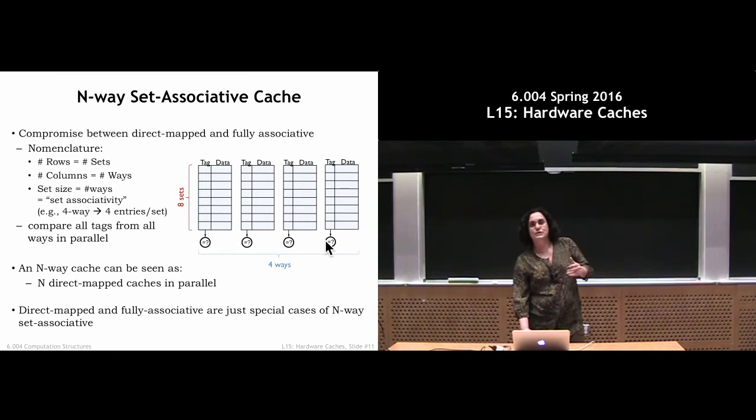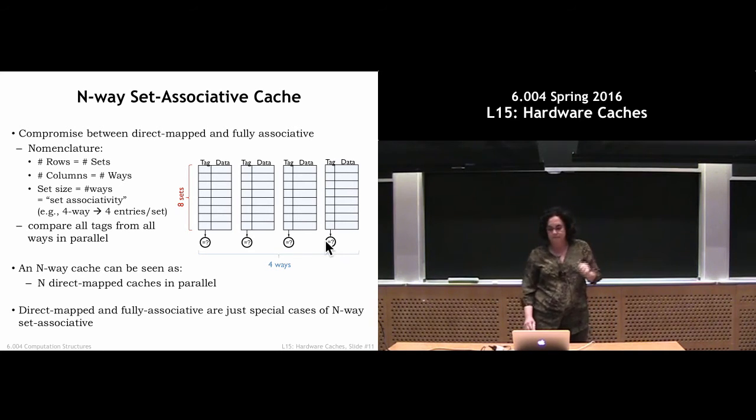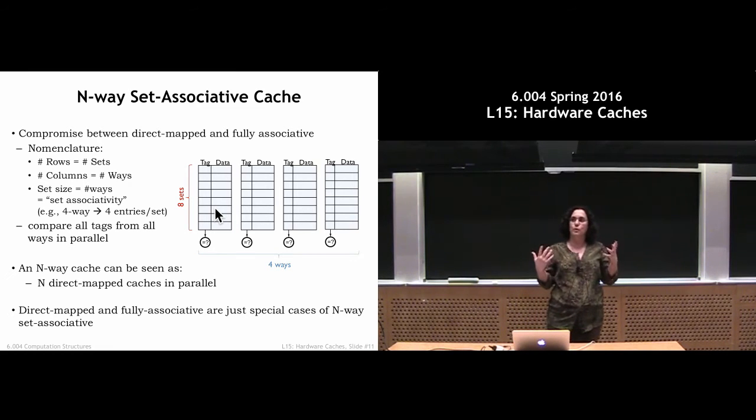It means that it's certainly better than my fully associative cache, because now I only have to have a total of 4 comparators, not 1 for every single line in my cache. It also means that I don't have as many conflict misses as I did with my direct mapped cache, because now I have 4 possible places where things that have the same index can go in, okay? And so I can store all 4 of those at the same time in my cache.